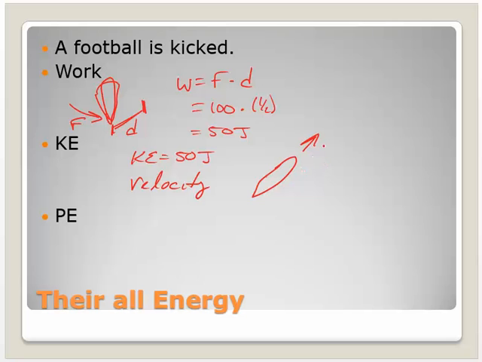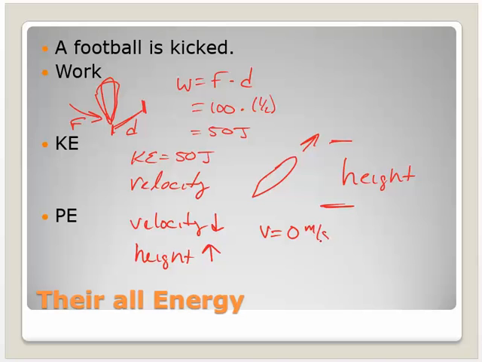Well, as it goes up, it also starts to gain height. So eventually what's happening is the velocity is going down, the height is going up. Eventually at some point the velocity is going to be 0 meters per second. It gets clear up to the top, and right here the velocity is 0 meters per second.